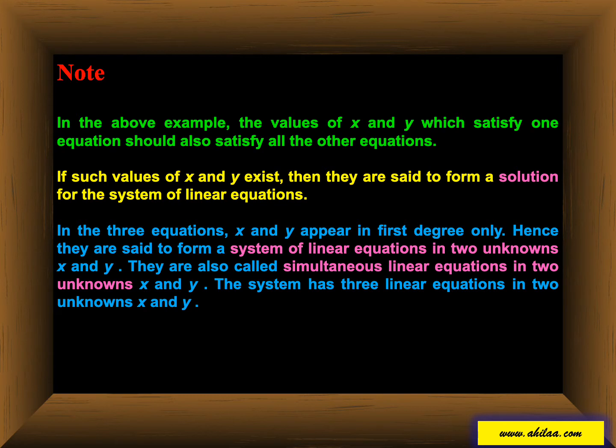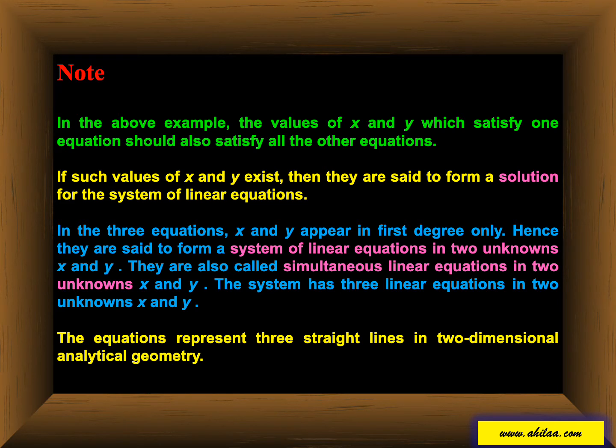Hence, they are said to form a system of linear equations in two unknowns x and y. They are also called simultaneous linear equations in two unknowns x and y. The system has three linear equations in two unknowns x and y. The equations represent three straight lines in two-dimensional analytical geometry. Understood? Good.